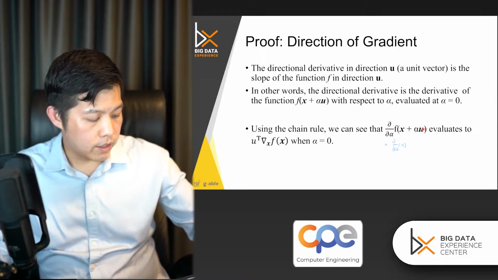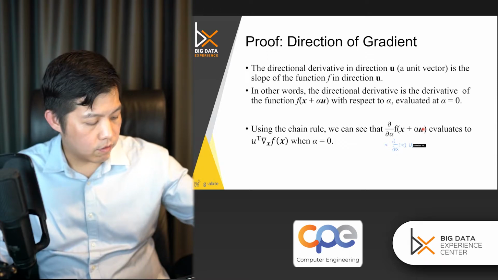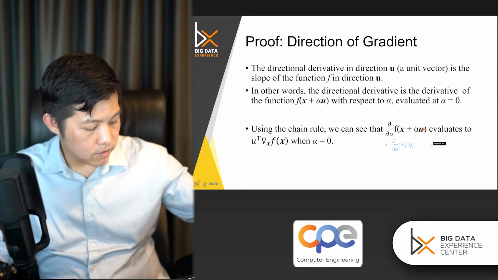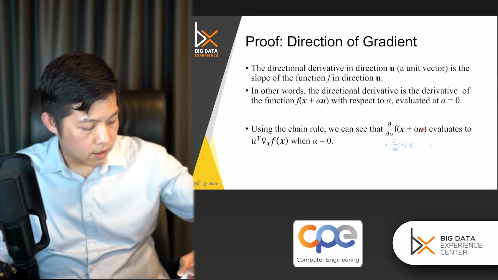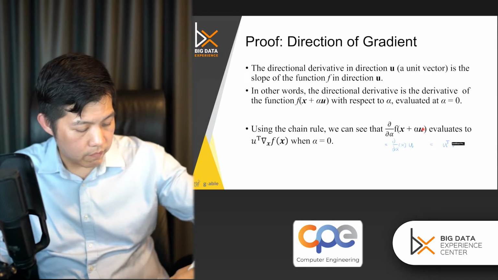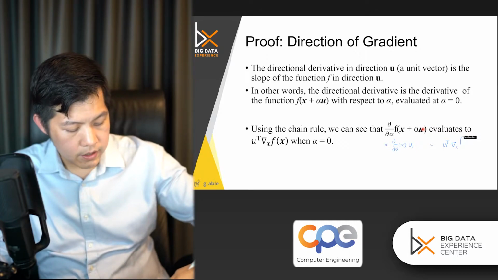So that's why in here we have this, and then this becomes u transpose when it comes first, and then because alpha approaches 0, this would be the rate of change of f with respect to x.